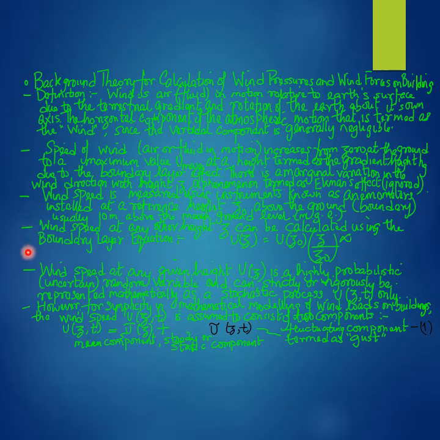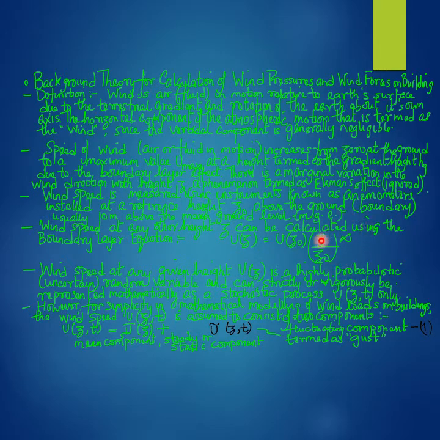is based on the surface roughness of the ground, that is the boundary in the atmospheric boundary layer, and is dependent on the terrain conditions in the context of the wind in the atmospheric boundary layer.